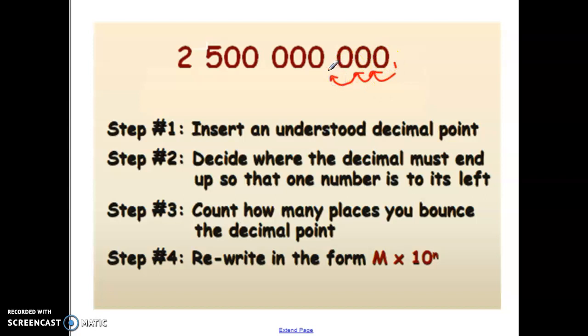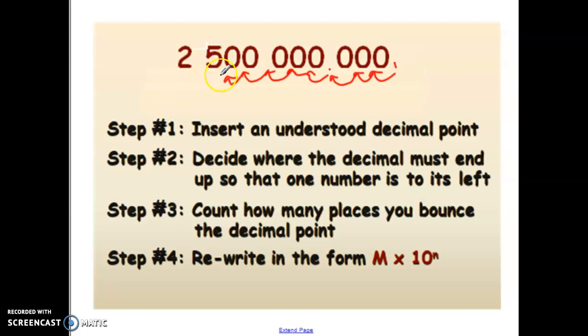So this number is still 2,500,000. That's definitely not between 1 and 10. If we were to move it, let's say here, right, so we were to keep moving the decimal, and we moved it here. Now the number I'm going to get is 25. That's still not between 1 and 10.